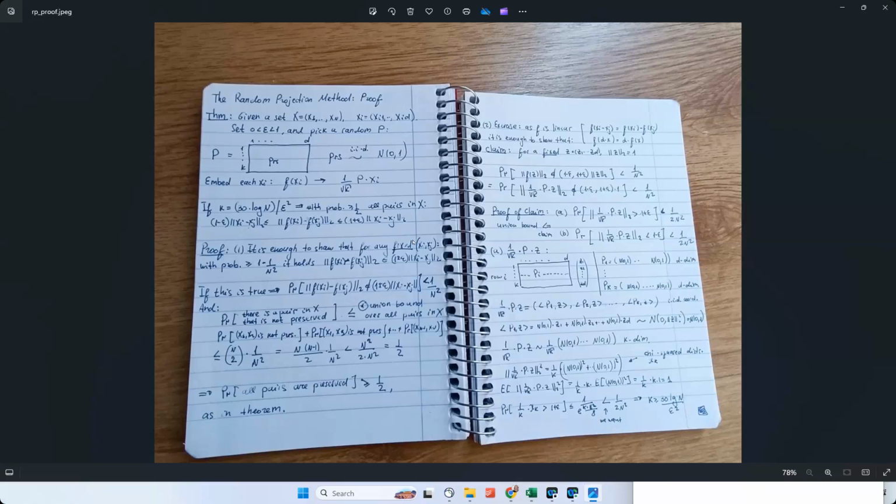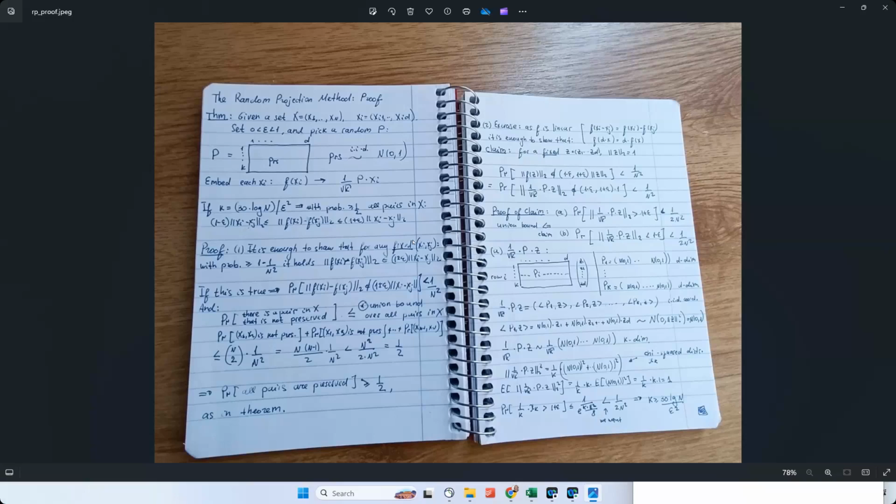The basic idea is that we pick a subspace of k dimensions uniformly at random and just project our dataset into this randomly chosen subspace. If k is large enough, all the pairwise distances will be preserved. This is the idea behind the random projection method.